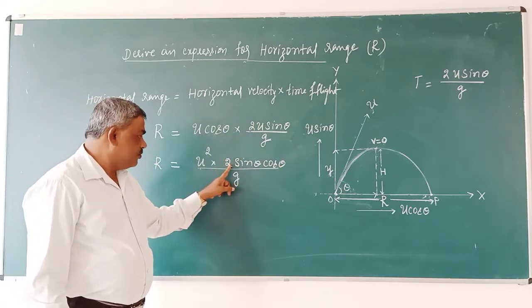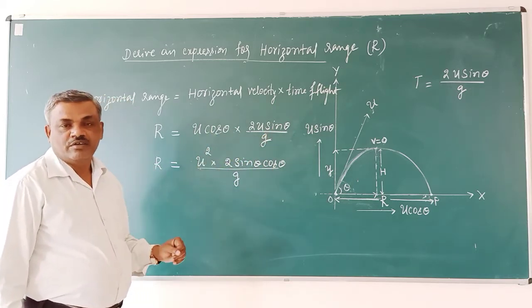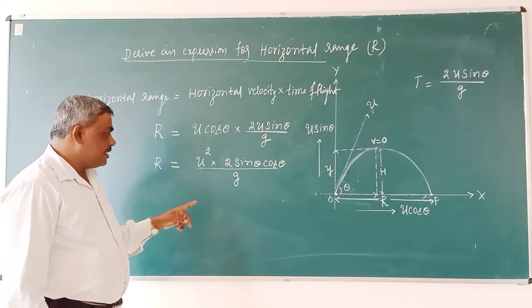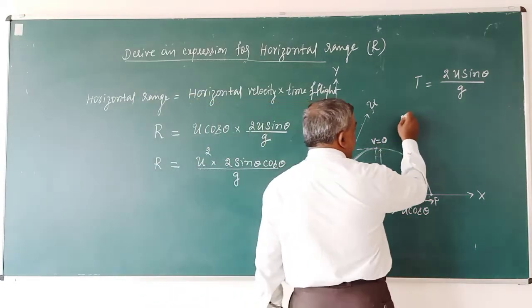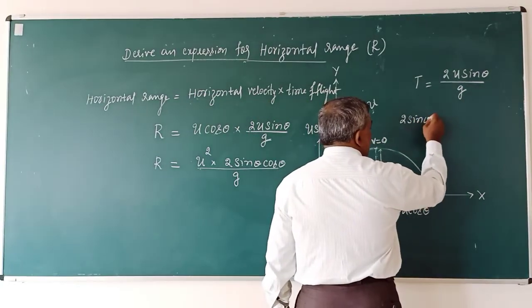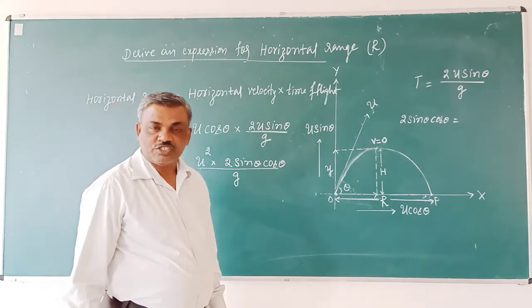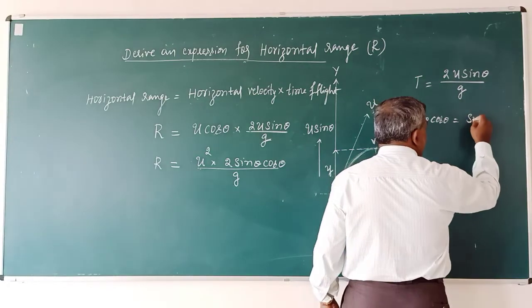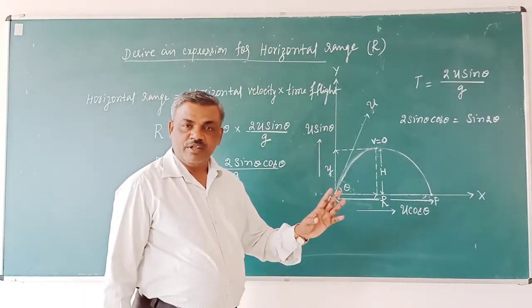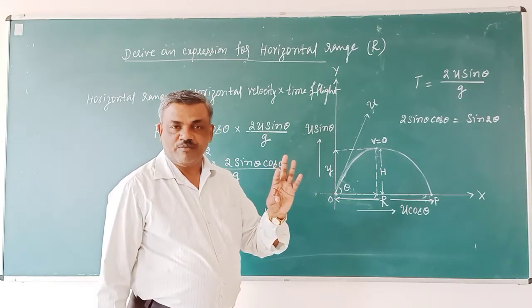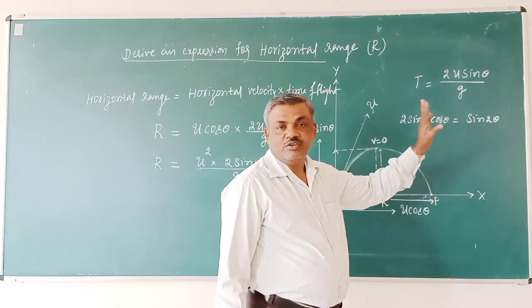I mention 2, first I write sin theta, then cos theta, with small g in the denominator. In trigonometry, 2 sin theta cos theta is very important here. It is the standard formula: 2 sin theta cos theta equals sin 2 theta.